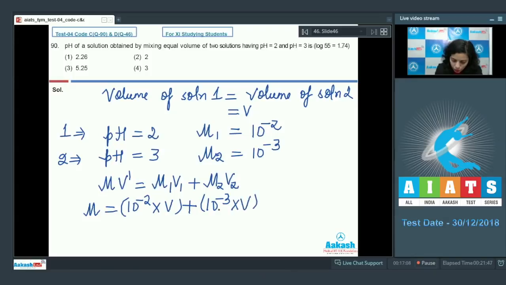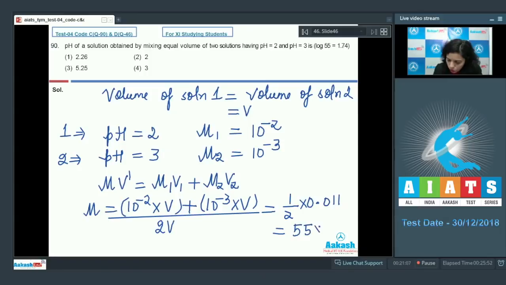Its volume is also V. Divided by the total volume of the solution, that is V1 plus V2. It means that would be the final volume, V dash, and this would be the sum of the volumes of these two. So it would be 2V, equal to 1 by 2 into 0.011. That is equal to 55 into 10 raised to the power minus 4.